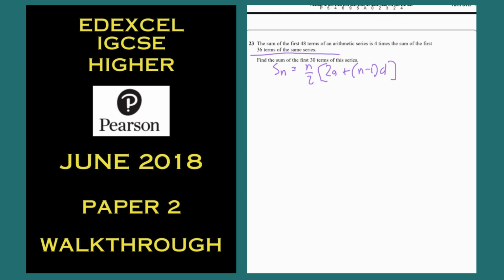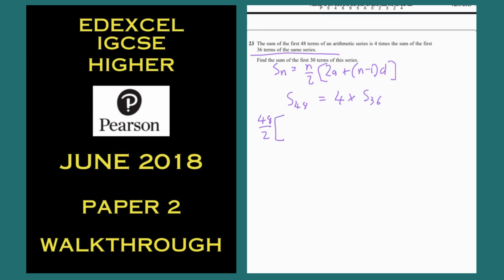It's saying to you the sum of the first 48 numbers is 4 times the sum of 36 numbers. Well, let's put those n's into that equation. So we get 48 over 2.